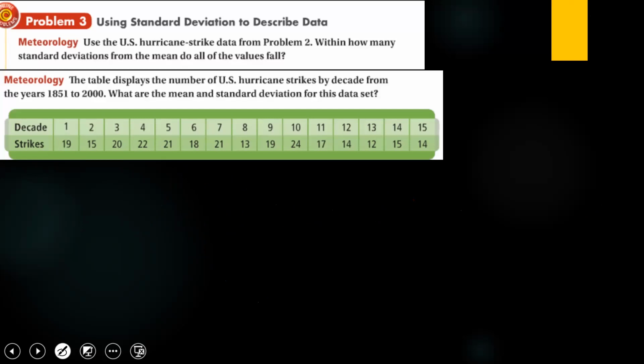So let's find now the standard deviation. Let's make a table now with 19, 15, 20, 22, 21, 18.